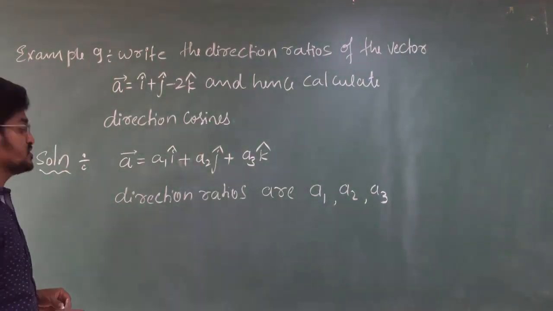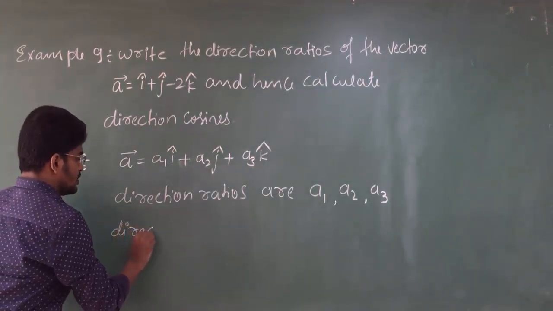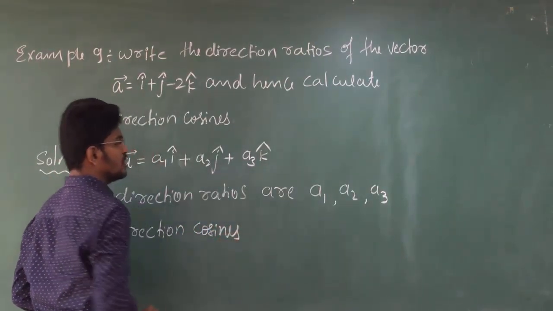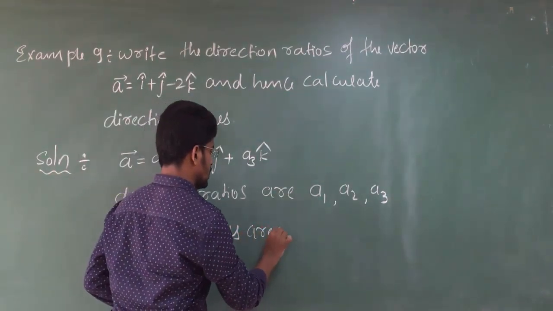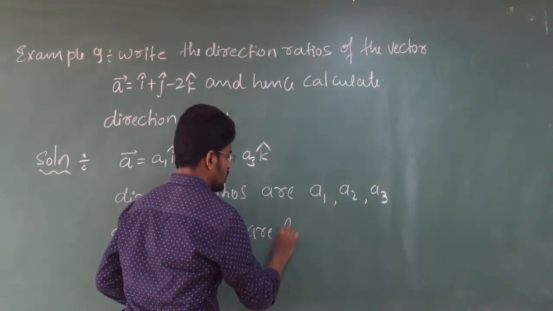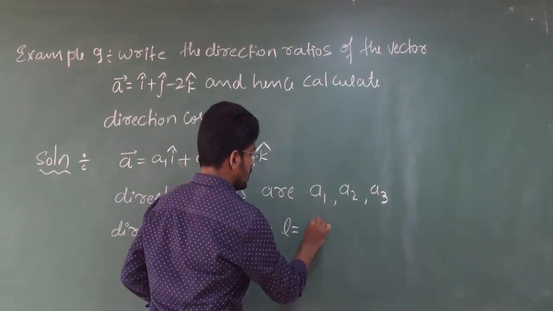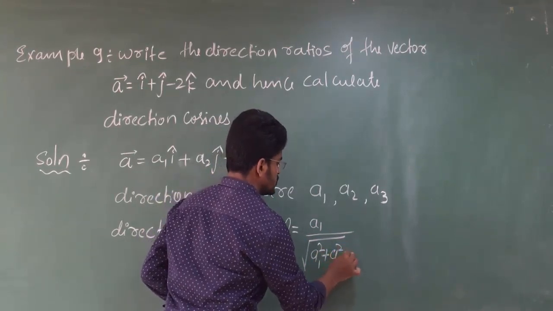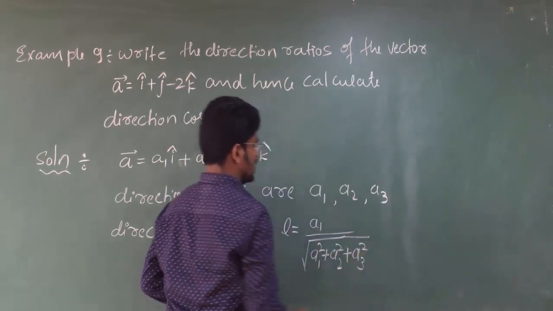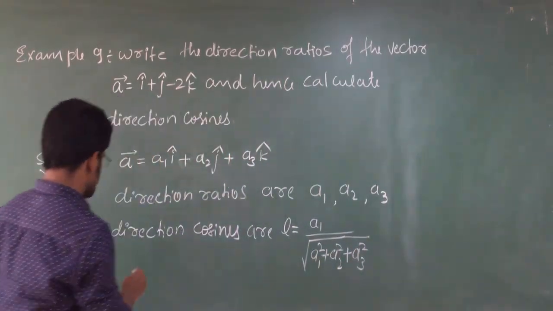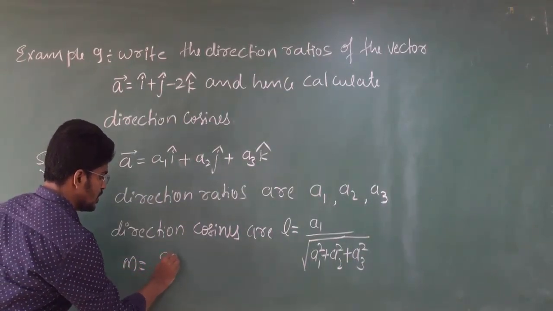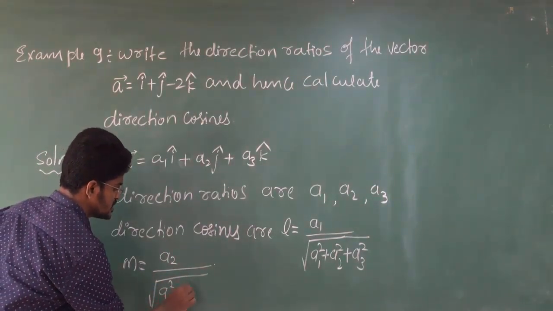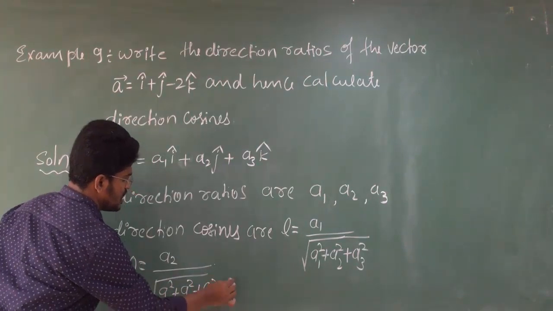Then what about direction cosines? Direction cosines are, with the formulas, I will tell you. l equal to a1 by root of a1 square plus a2 square plus a3 square. m equal to a2 divided by root of a1 square plus a2 square plus a3 square.